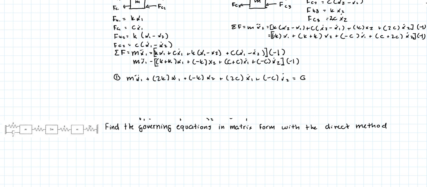Yep, that's about right. Okay, second equation.